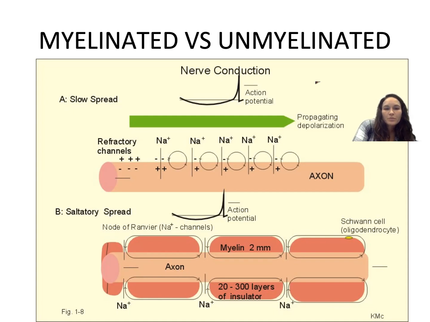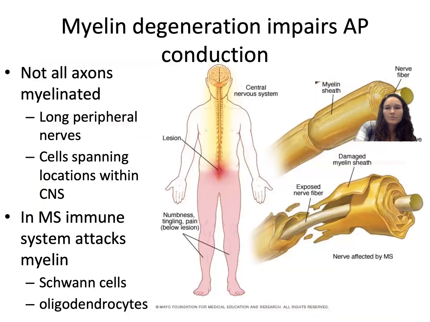And so we can expect any nerve that's trying to communicate information very quickly or over long distances to probably be myelinated. And we have both myelinated and unmyelinated cells across both the central and peripheral nervous systems. It's just different types of glial cells that are going to mediate the myelination.